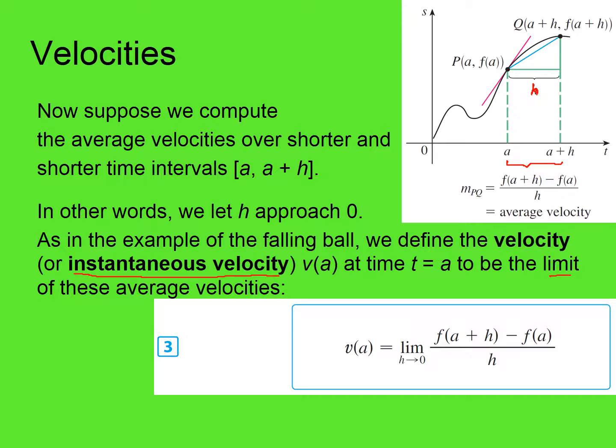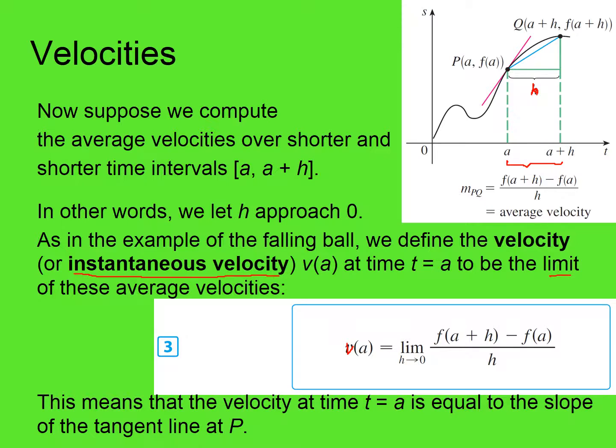Okay, so velocity at time a is the limit as h goes to 0 of the difference quotient, f of a plus h minus f of a all over h. This means that the velocity at time t equals a is equal to the slope of the tangent line at p, the slope of the pink line.